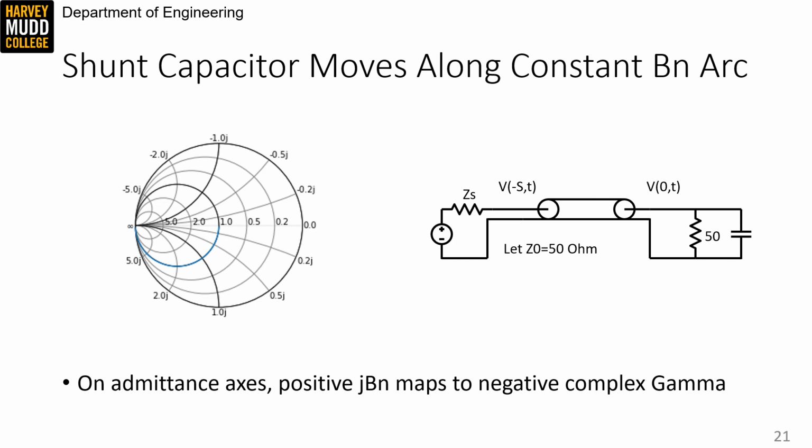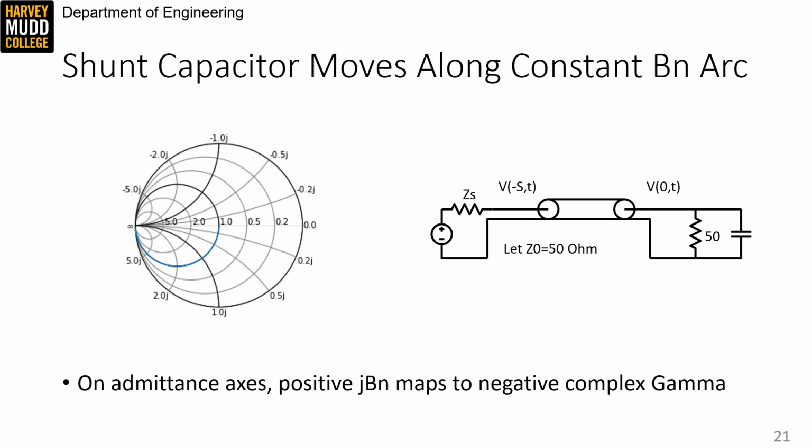Describing what happens in between demands that we use the admittance and susceptance lines instead of the resistance and reactance lines. Our load conductance GL is 1/50th of a Siemens, and our characteristic conductance is also 1/50th of a Siemens. So the normalized conductance is 1. Our normalized susceptance is j omega C over 1/50th, so we'll sweep out a path on the complex plane as omega is changed.